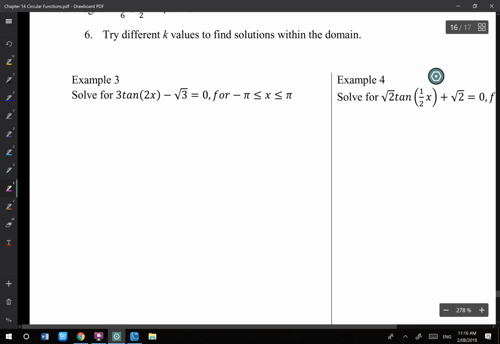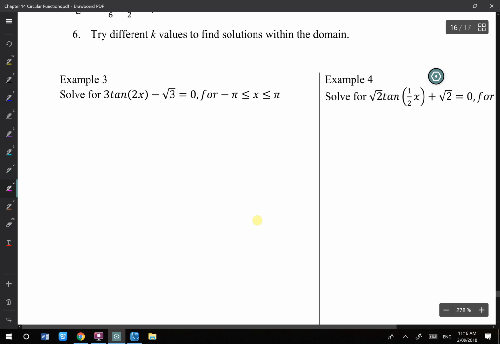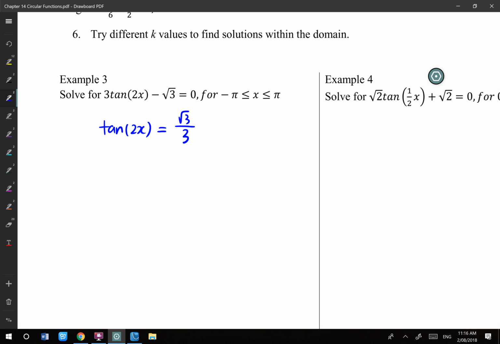So what we will do for the first one, we still just make tan 2x to be on the left hand side, and then that's √3/3. All right, can you tell me tangent what equals to √3/3? Pi on 6.